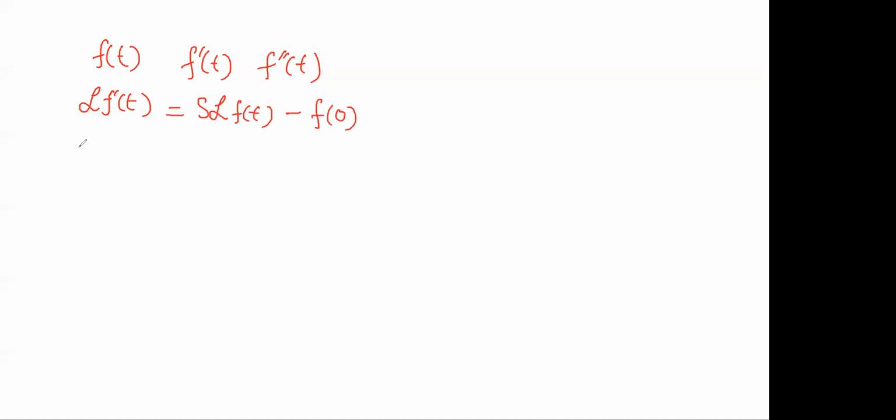Using this we can find the Laplace of the second derivative, f double prime of t, and that will be equal to s square times the Laplace of f of t, minus s times the function evaluated at 0, and then minus f prime evaluated at 0. In this way that will be the Laplace of the second derivative.